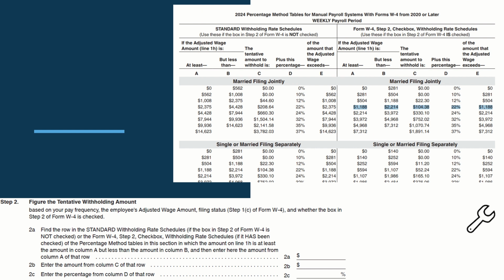Now we're going to go on to step 2, and the first 3 questions of step 2 rely on page 57. Because the box was checked, we are looking on this side of the table, Form W-4, step 2 checkbox. Notice the other side mentions that step 2 Form W-4 is not checked.